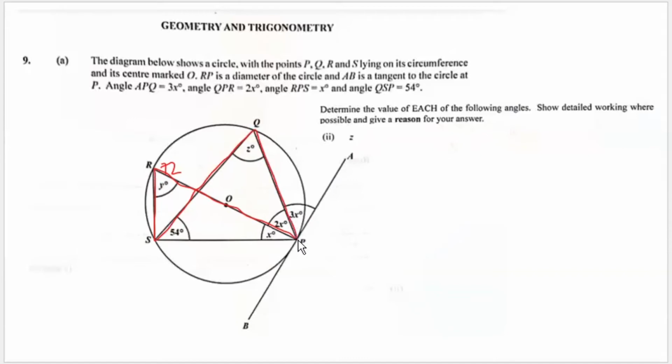So what we know is that both these triangles lie on the same chord, which is this chord SP. And that is the reason that we'll be using to say that angle Z is equal to 72 degrees. So we're saying that Z is equal to 72 degrees.